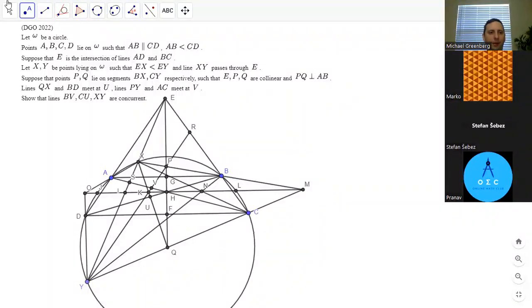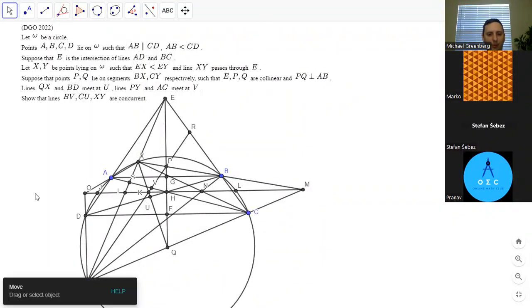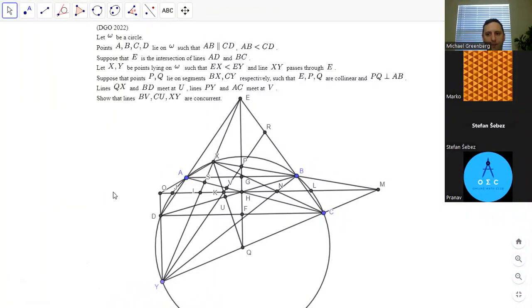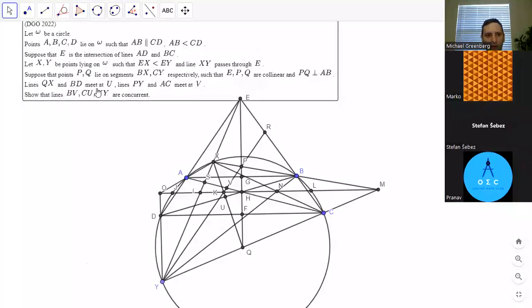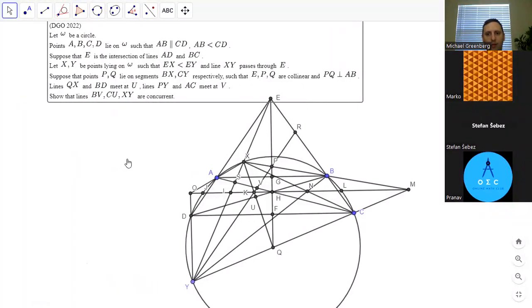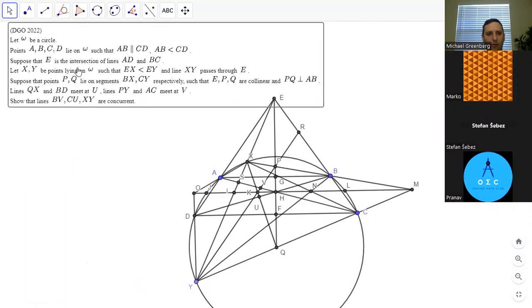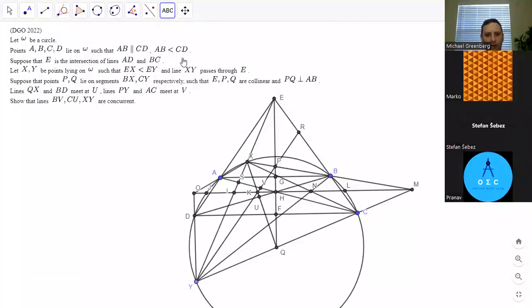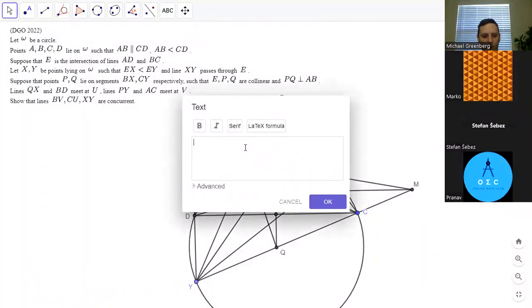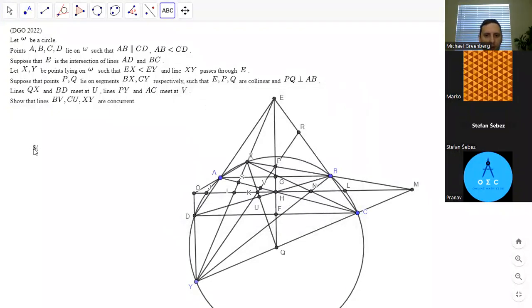Okay, so let me write this backwards. Since IKHM is harmonic, I'm going to fill in details here. IHKM is harmonic.